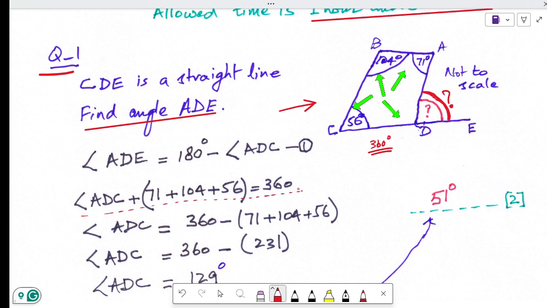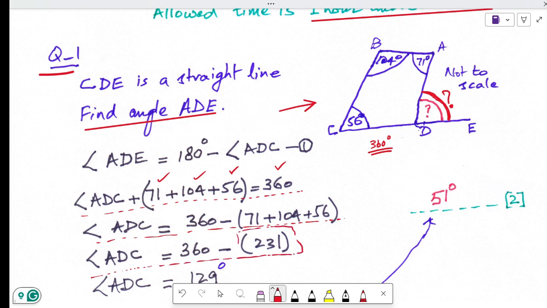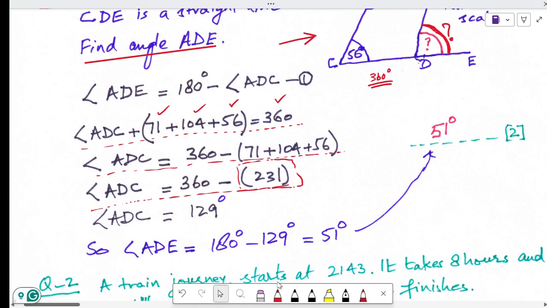So angle ADC plus 71 plus 104 plus 156 will be equal to 360 degree, and angle ADC will be equal to 360 minus 71 minus 104 minus 156, or if they are taken in bracket, then 360 minus bracket 71 plus 104 plus 156 bracket close. So angle ADC works out to be 129 degree.